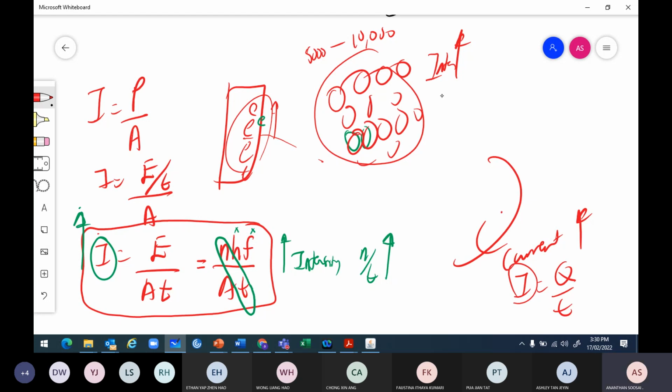So the intensity only raises the photocurrent. So this is how Einstein explains the outcome of the experiment.